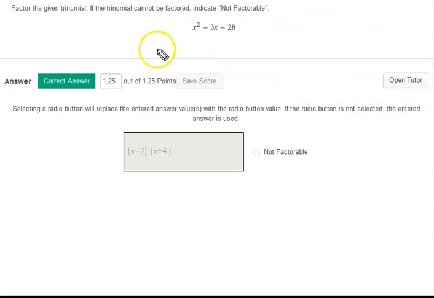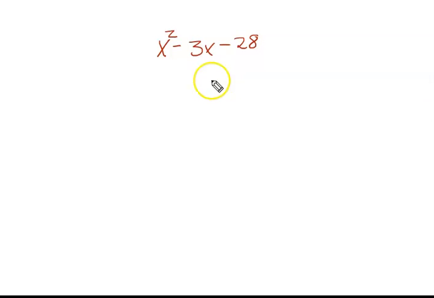Our first one, and we'll write it big here, x squared minus 3x minus 28, and we were asked to factor it. So again, you look, is it in standard form? Yes. Is there any common factor in each term?